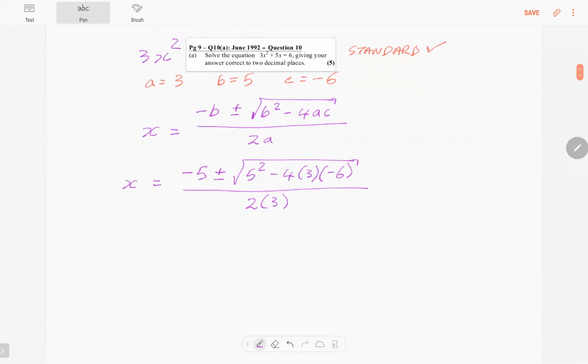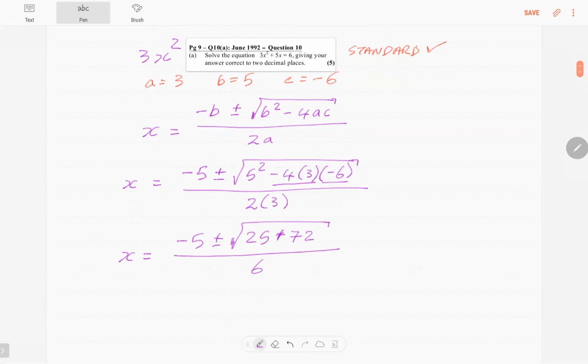So x equals minus b plus or minus the square root, which becomes 25, that's 5 squared. Now note this: this becomes minus 12 times minus 6. Notice that it becomes a positive 72.